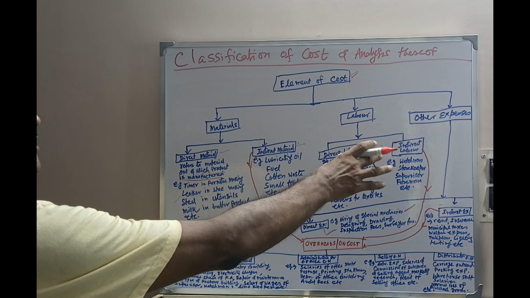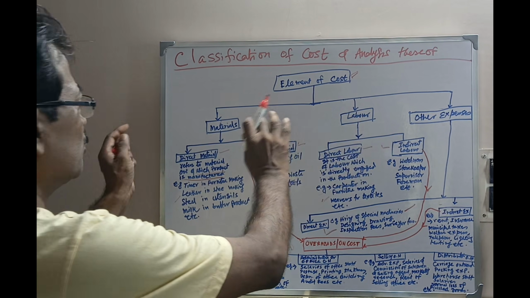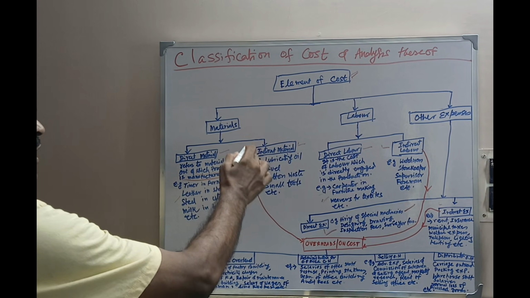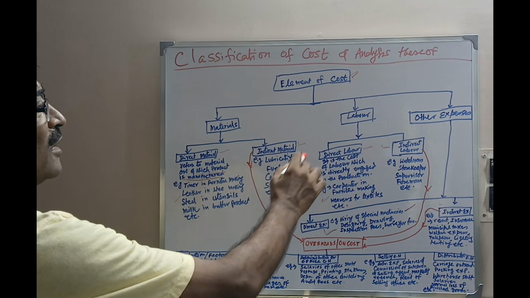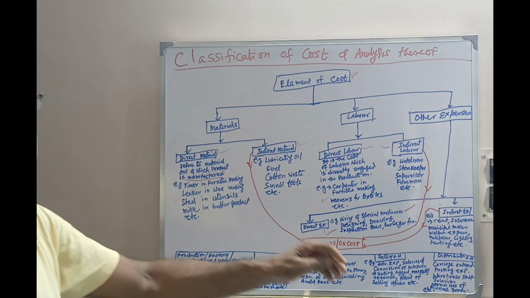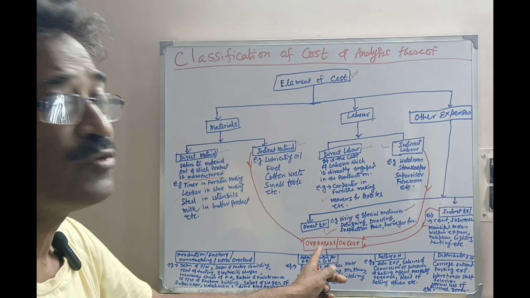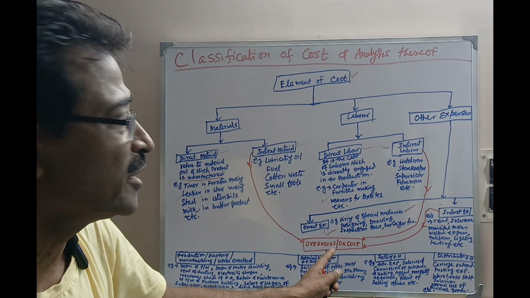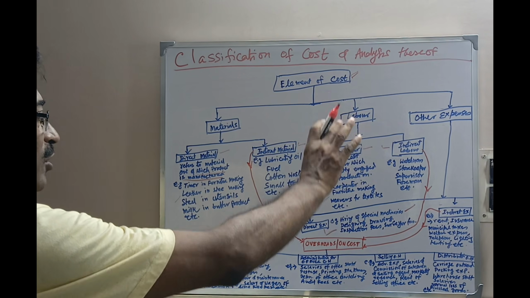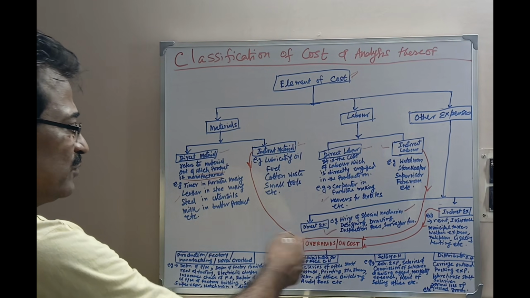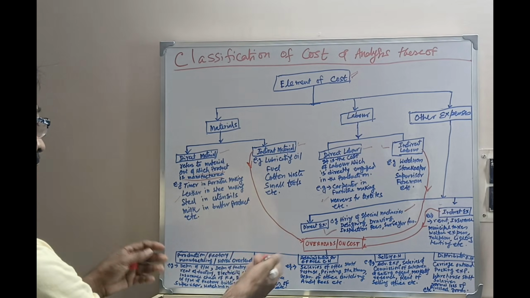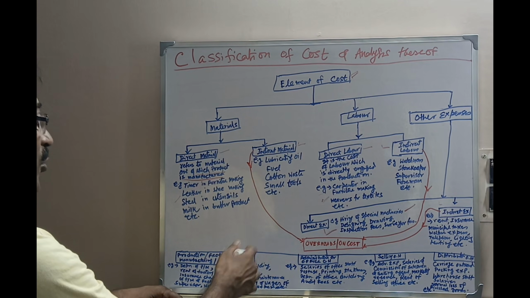So each element of cost is divided into two: one is direct and another one is indirect. Indirect material, indirect labor and indirect expenses together are called overhead or on cost. That is the indirect part. These overheads or on costs are divided further according to factors of production.